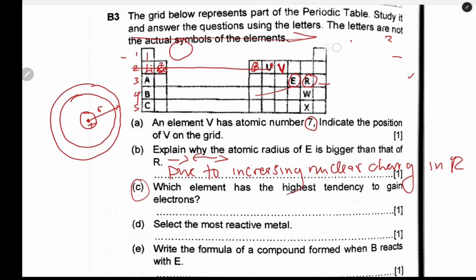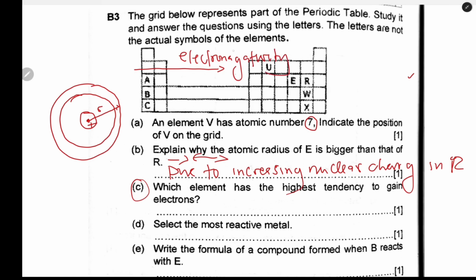Now listen to this. If we look at the trend across the period, as you move from this side going that side, electronegativity increases. Okay? Now what is electronegativity?